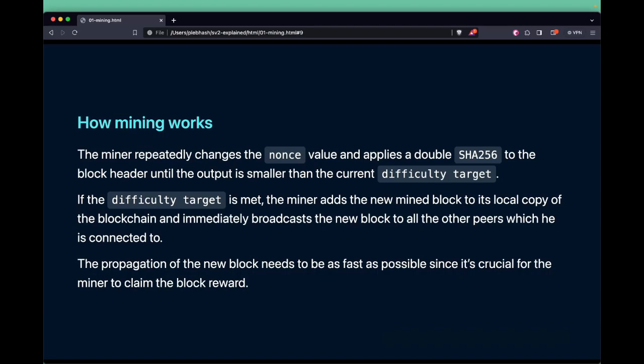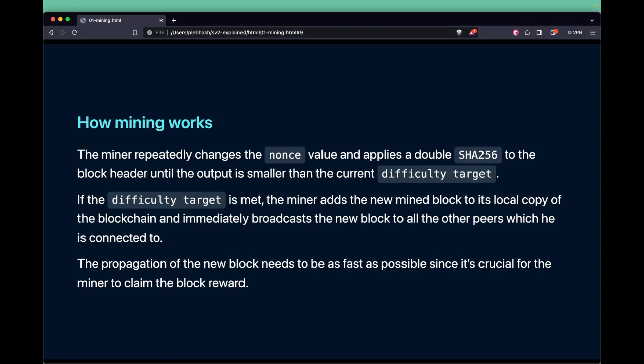And when that happens, that means we found a valid block. And basically now the next step is the miner adds this newly mined block to its local copy of the blockchain and immediately broadcasts this block to all its peers.